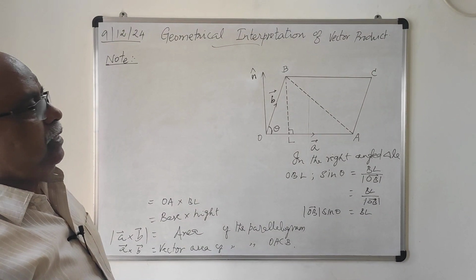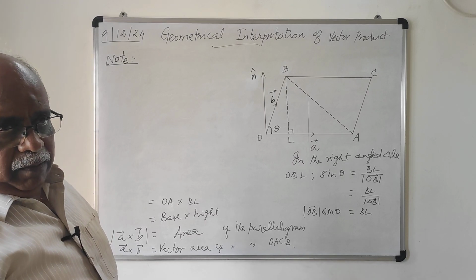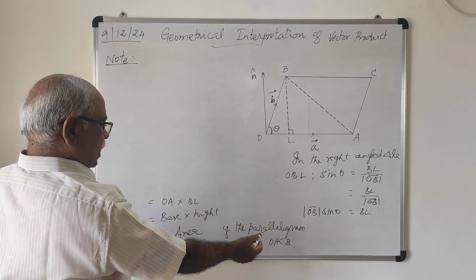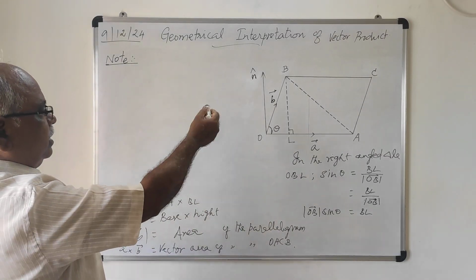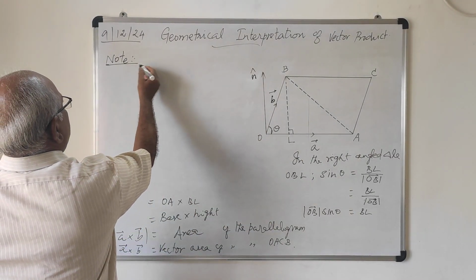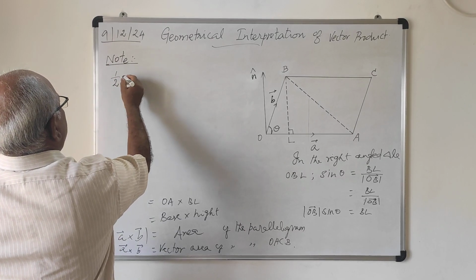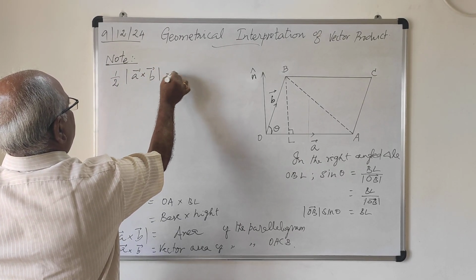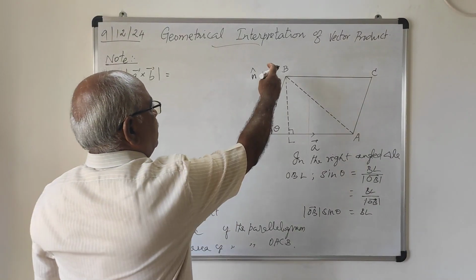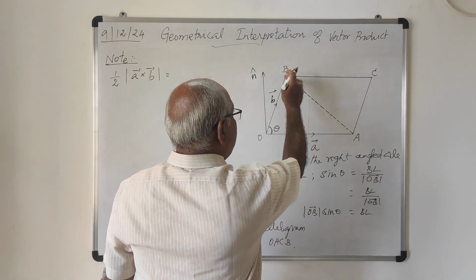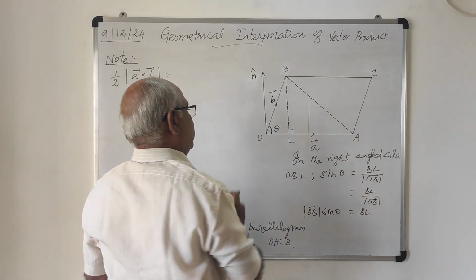So we know the geometrical meaning of vector product is the vector area of the parallelogram having A vector and B vector as adjacent sides. Suppose half of A cross B. You put a note: half of A cross B is the vector area of the triangle OAB having A and B as adjacent sides.